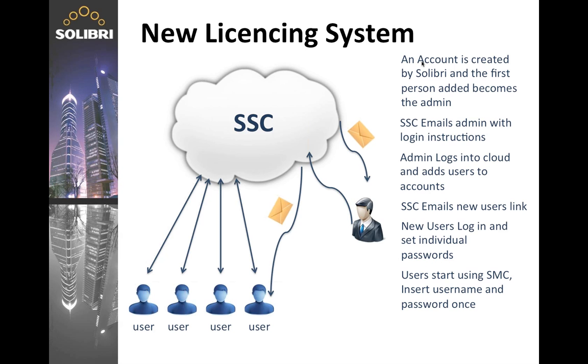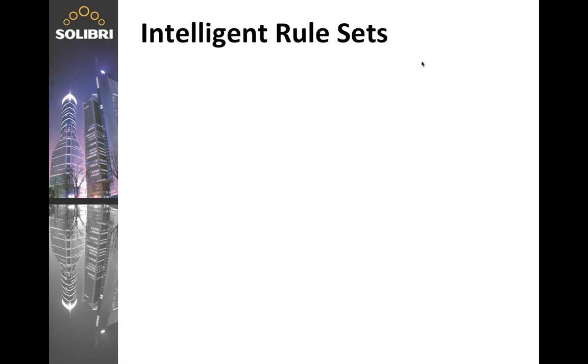If we now look at the rules and rule sets, we can begin to see where Solibri have spent a lot of their development time. The majority of the development work has focused around allowing users the ability to have more control over the rules and rule sets. The result being more intelligent rule sets.